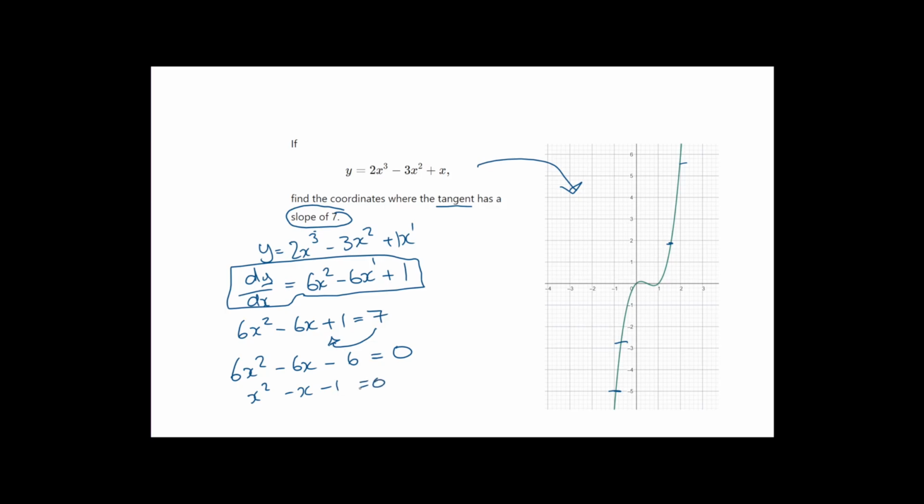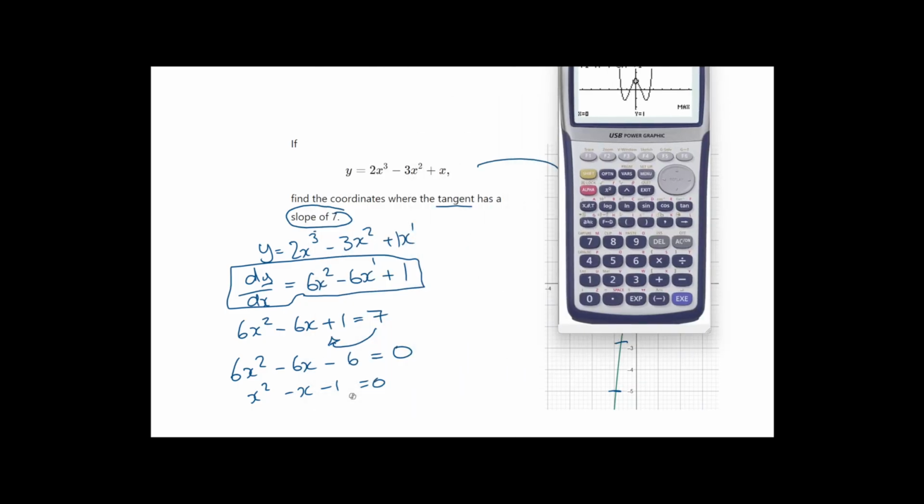Put it in the calculator and solve. So we're going to go to polynomial solver. It's degree 2 because the biggest power is 2. And let's just put in all of the 6s in there.